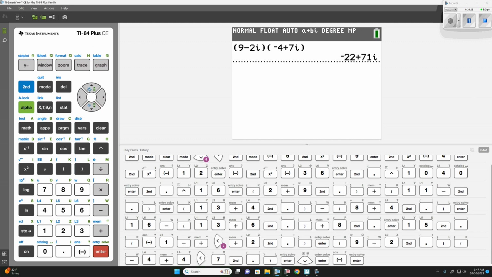What I did wrong is I put a minus instead of a negative in front of the 4. Since I put a minus, the calculator is expecting a number or something to be in front of it other than a parenthesis. So it threw a fit. But negative 22 plus 71i, is that what we got? Yeah.